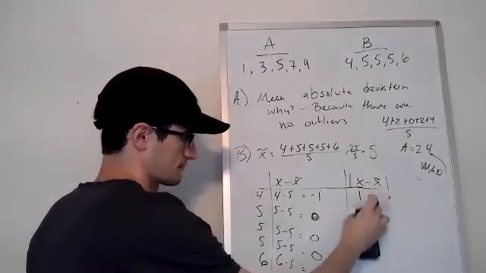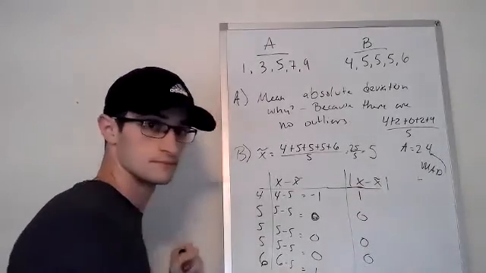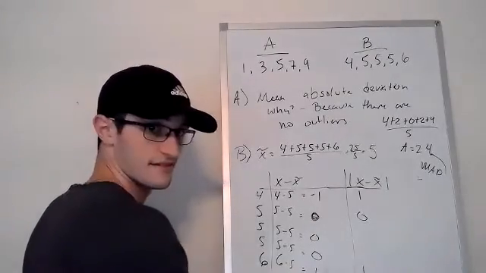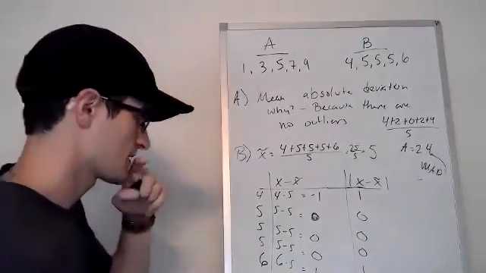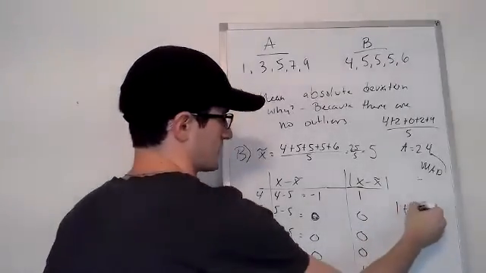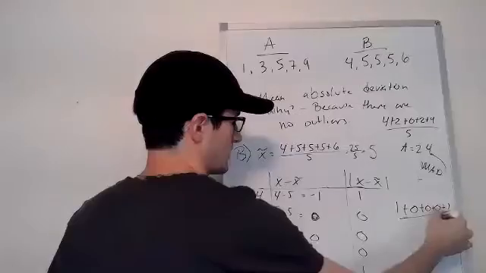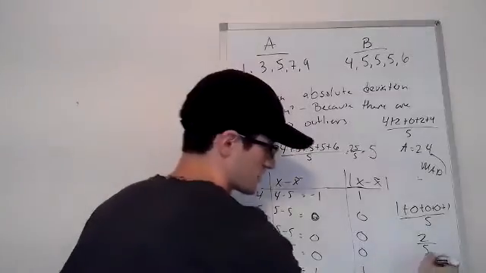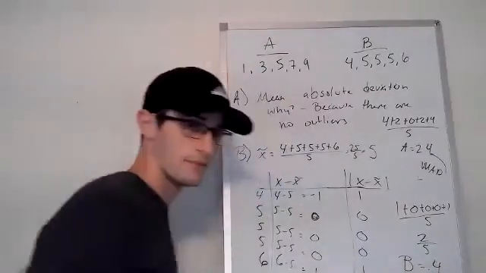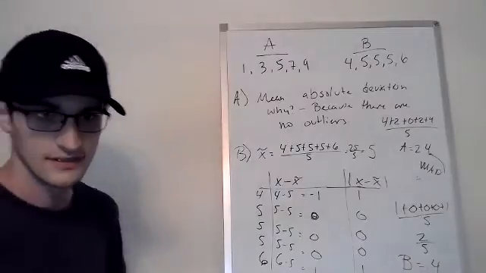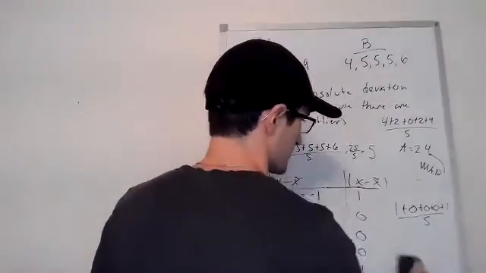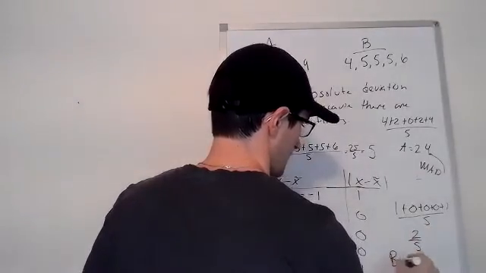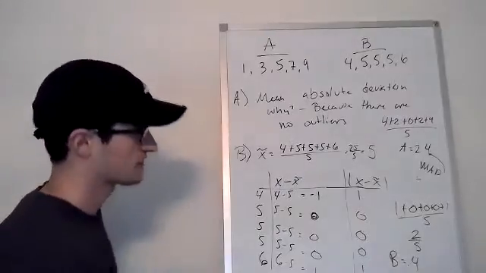Okay, so 1 plus 0 plus 0 plus 0 plus 1 divided by 5 is 2 divided by 5, so the MAD for B is 0.4. 2 over 5. The mean absolute deviation for B is 0.4.